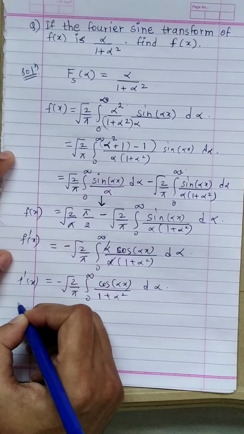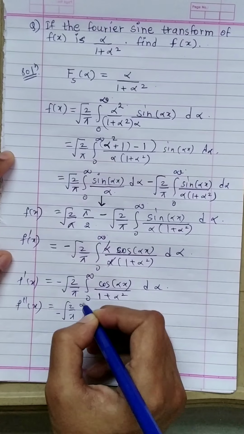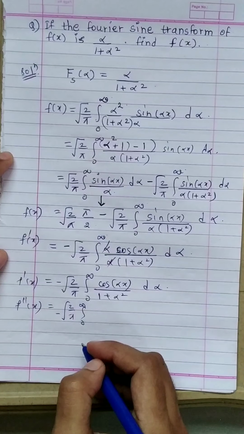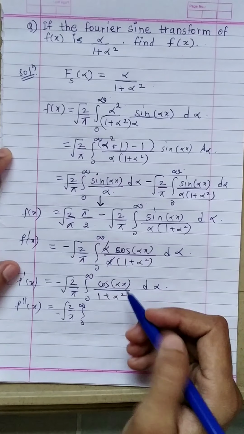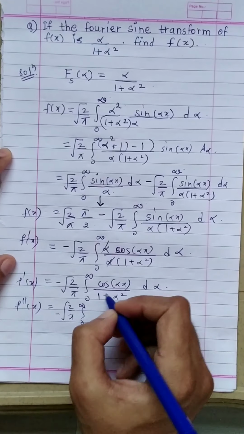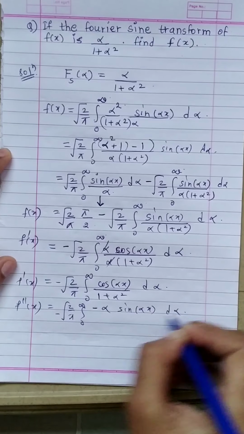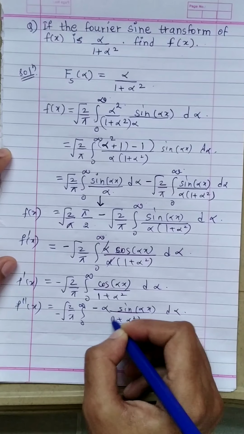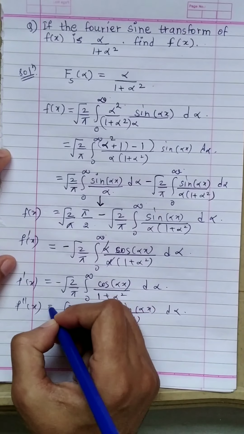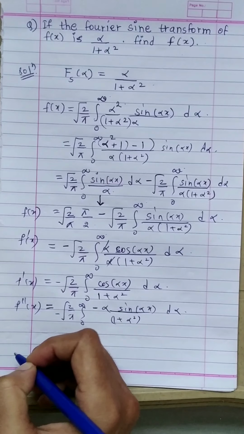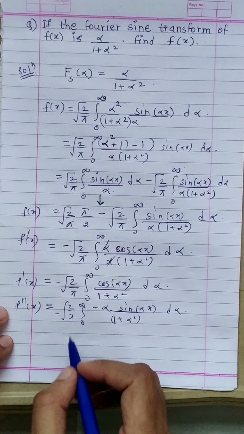If we again differentiate, f double dash of x will be minus root of 2 by pi integral from 0 to infinity, again by using the Leibniz rule for differentiation under the integral sign, what we will get is minus alpha sine of alpha x d alpha by 1 plus alpha square. So this minus of minus will become plus.